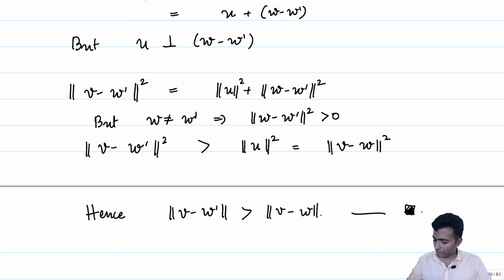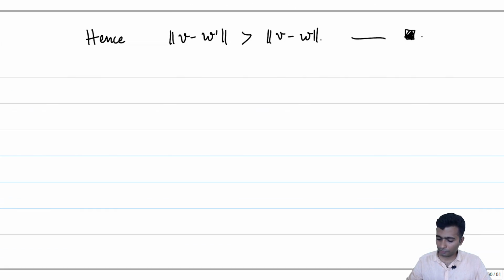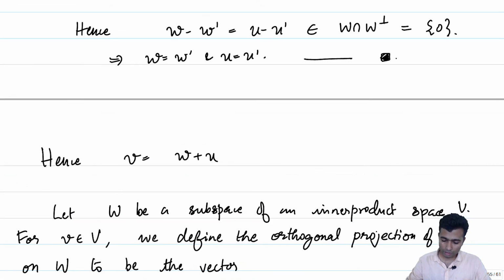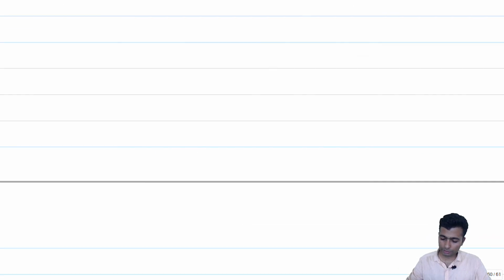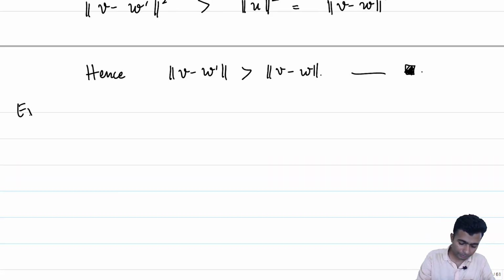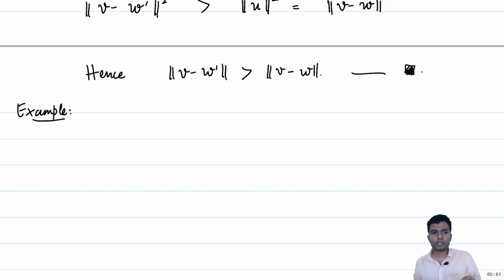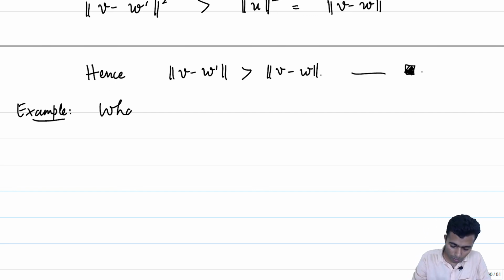So let's look at the example from before and try to ask the following question. We had considered, what could be the best possible linear approximation? Let me just use the terms which we have just defined.